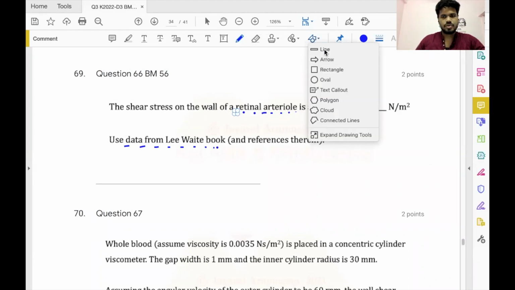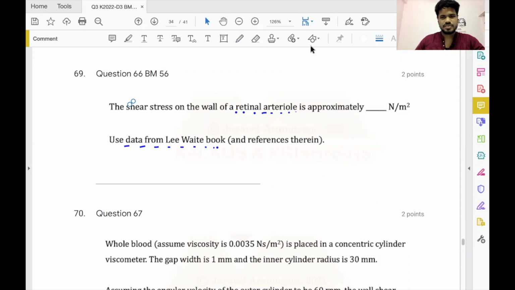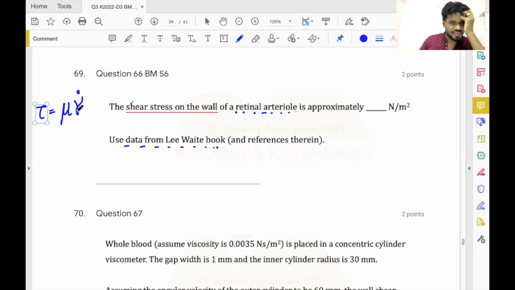Okay, so how do we do this? This is simple, right? Tau is mu times gamma dot. We have to start with some relation. We have to know the shear rate or one of these things. Mu is 0.003, 0.005 Pascal second, 0.002 Pascal second.